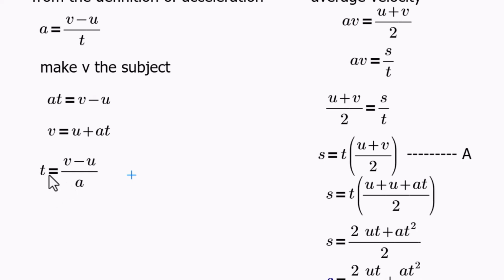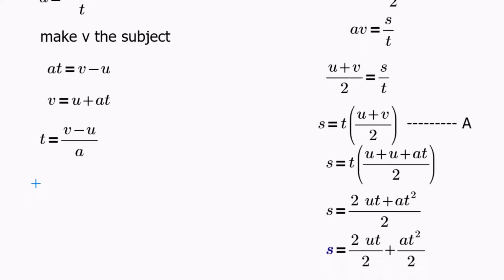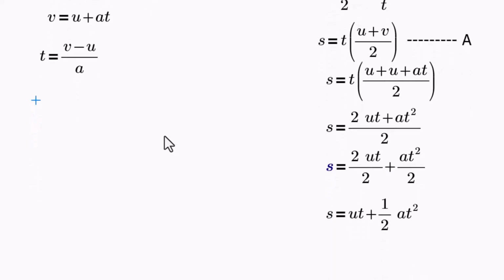Alright, now I will substitute this value of t into this equation a here. So let me do it down here. Let's scroll up a little. So I have my s equals to, so instead of writing t, I will write v. So let's open bracket first, which is v minus u all over a.